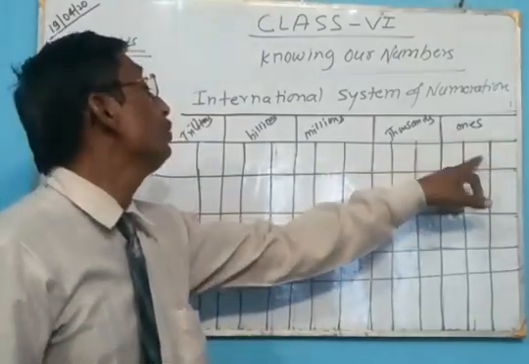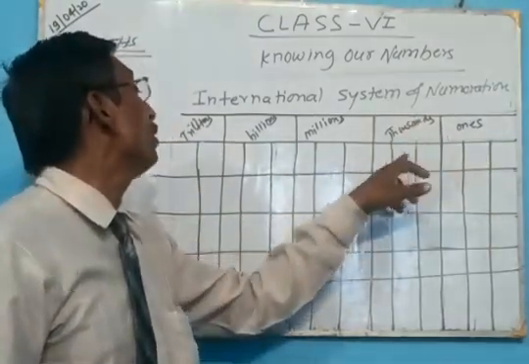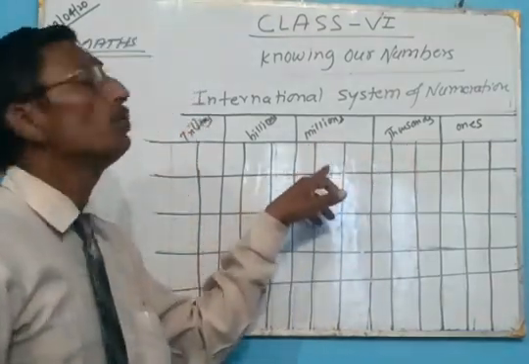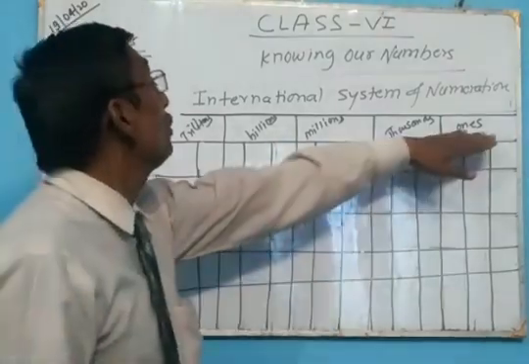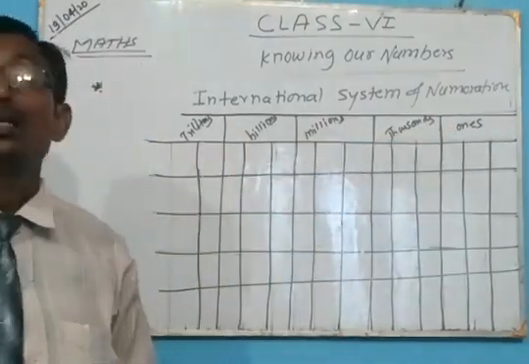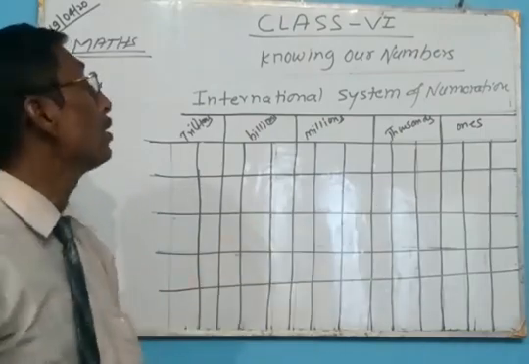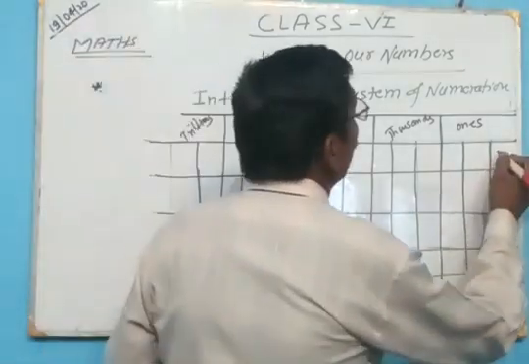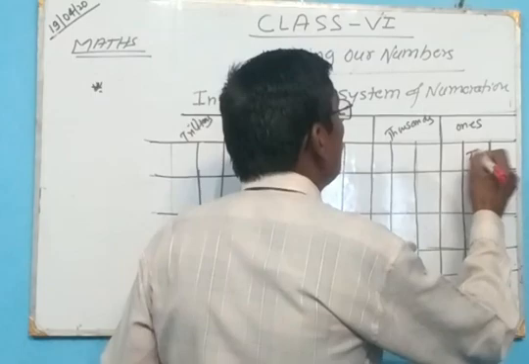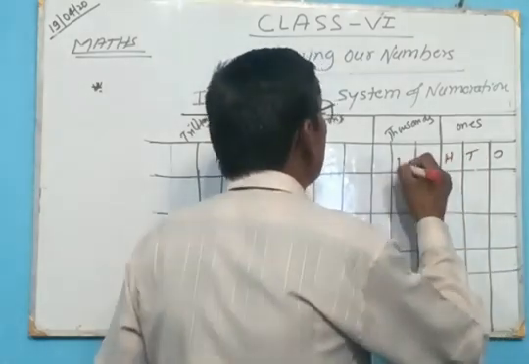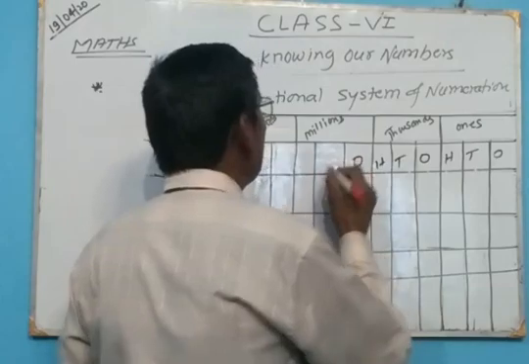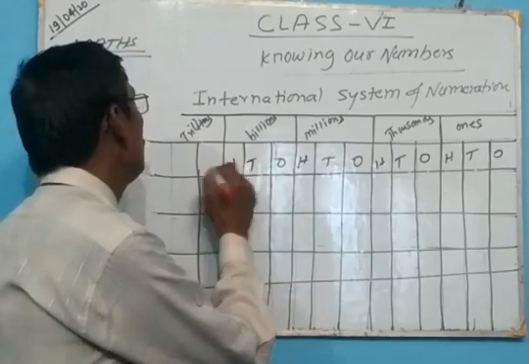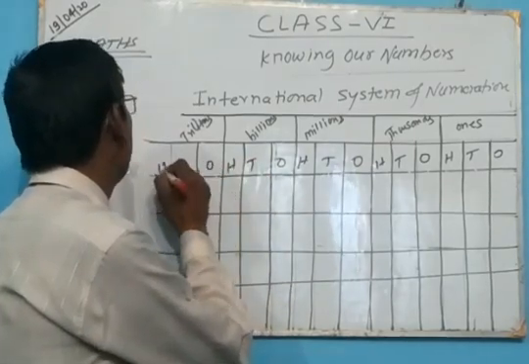Ones place is divided into three parts. Thousands place is divided into three parts. Millions are also divided into three parts, and so on. So ones, thousands, millions, billions, and trillions are all divided into three parts. Each part has ones, tens, and hundreds places.